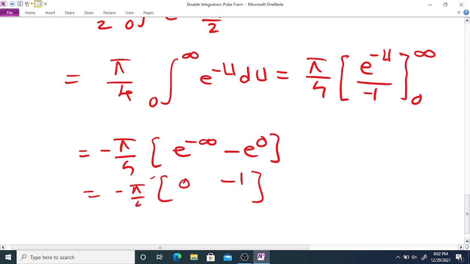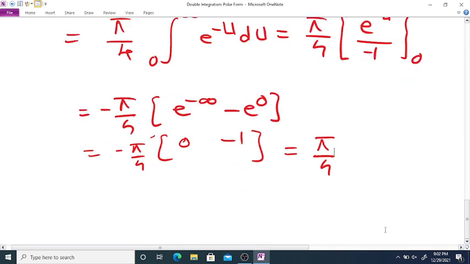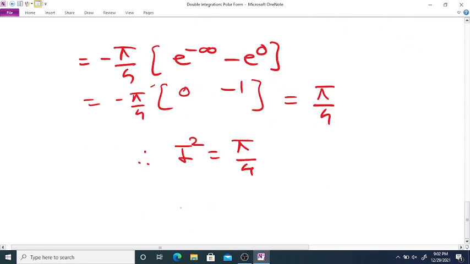Minus pi by 4 into minus 1 is equal to pi by 4, and therefore I square is equal to pi by 4, and therefore I is equal to square root pi by 2.